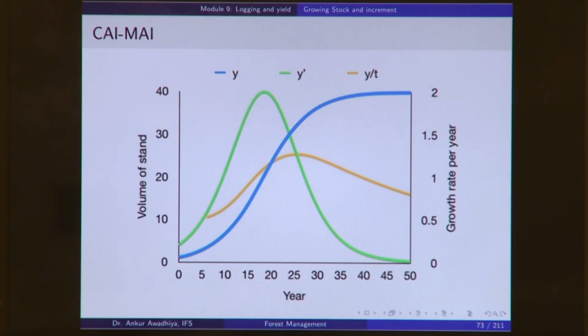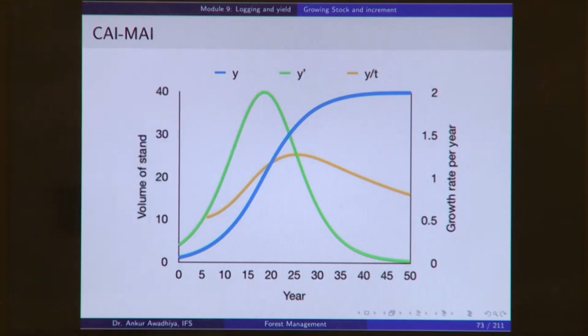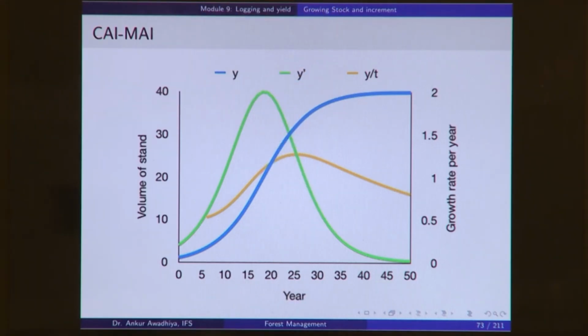But consider this point where both these curves are cutting each other. After this point the current annual increment is less than the mean annual increment till this age. So, what we are saying here is that after this age of, say, around 27 years, the rate of increase every year is less than the average till 27 years.